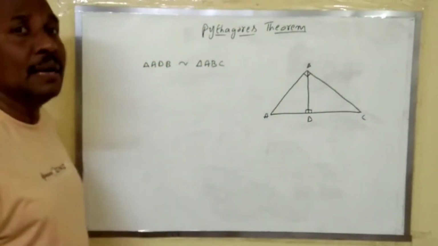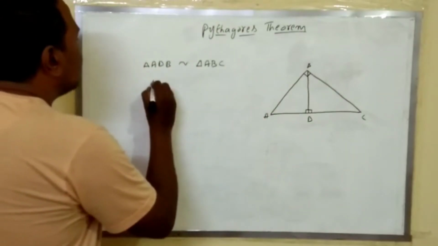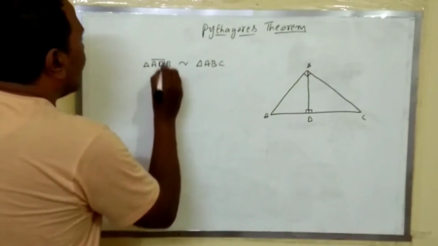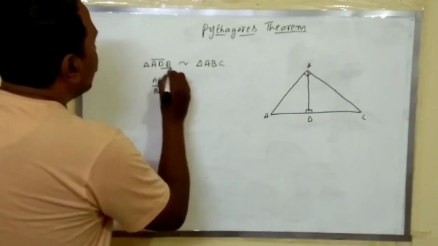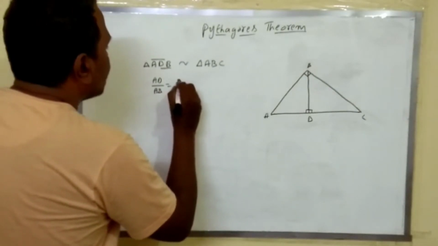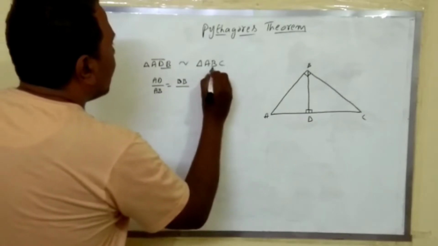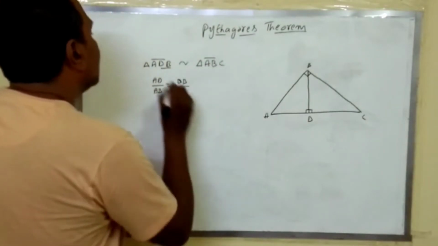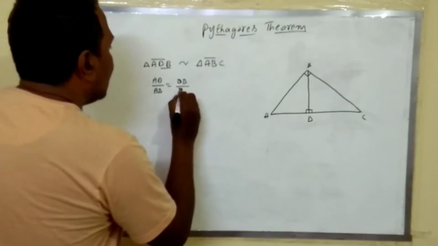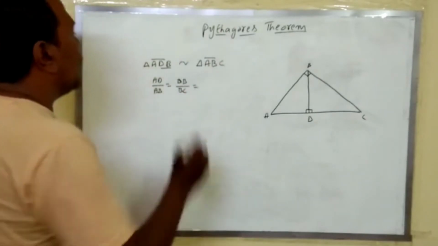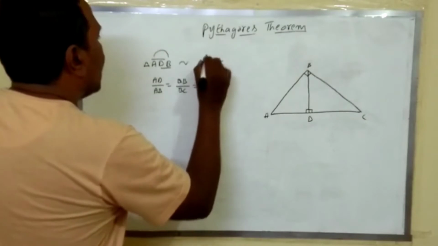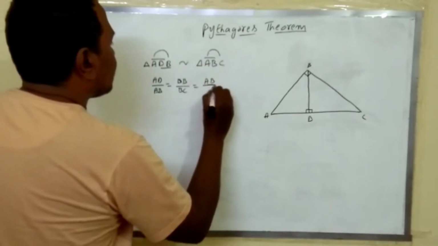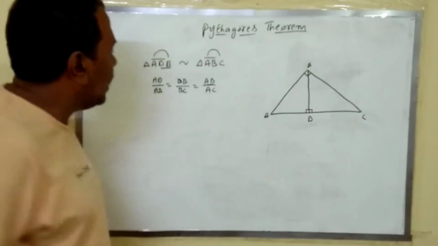Now take the proportionate sides. AD by AB is equal to DB by BC is equal to AB by AC. Okay.